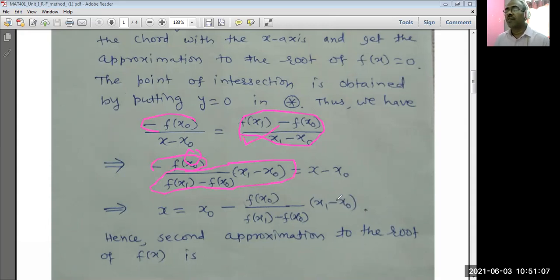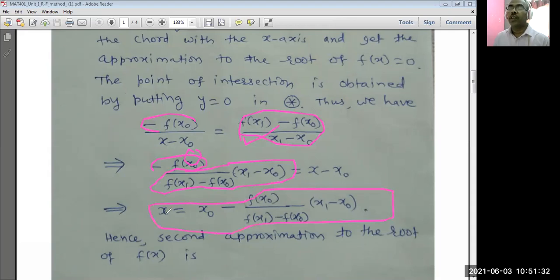So what is x1 minus x0? Mathematically, it is the difference of 2 points, right? And geometrically, it is the length of the subinterval where the root of the equation lies. So this formula is called the Regula Falsi method, and it gives you the next approximation.